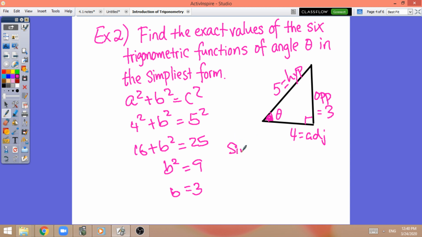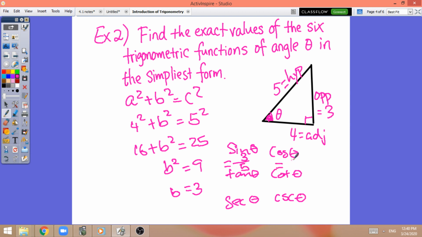So let's see: sine theta, cosine theta, tangent theta, cotangent theta, secant theta, and cosecant of theta. It's pretty obvious. Sine of theta, opposite over hypotenuse, is 3/5, nothing we can reduce, so just leave it.